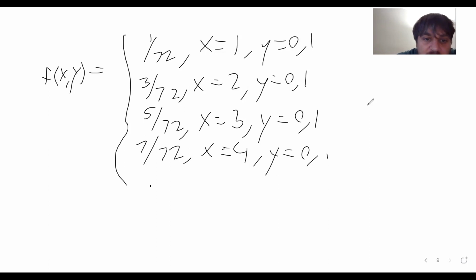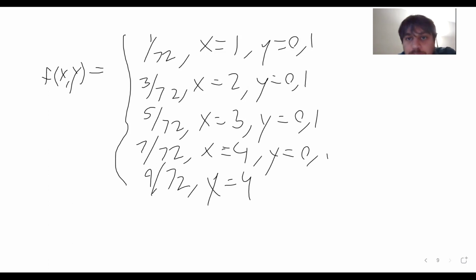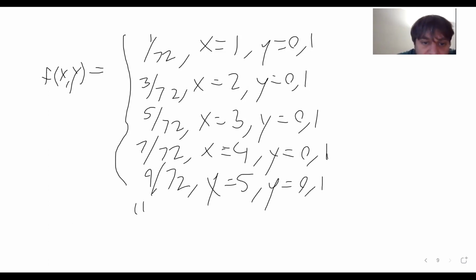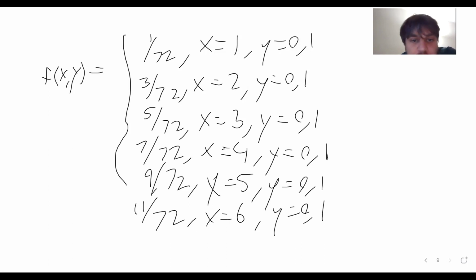And then you have 9/72 if x is 5 and y is 0, 1. And then you have 11/72 if x is 6 and y is 0 or 1. Okay? And that's the PDF for that example.